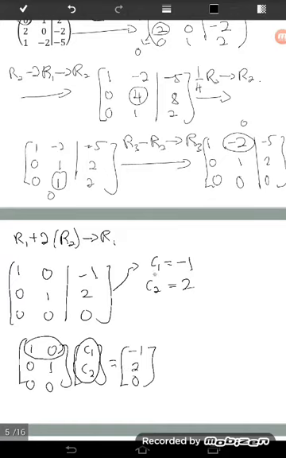Okay, so since we have the value of C1 and C2, kita boleh selesaikan.